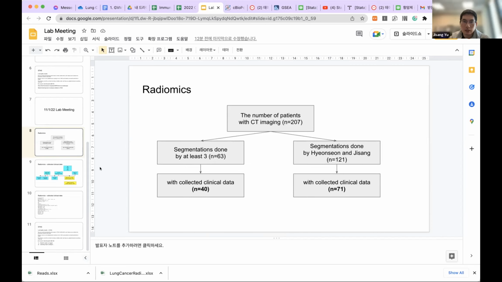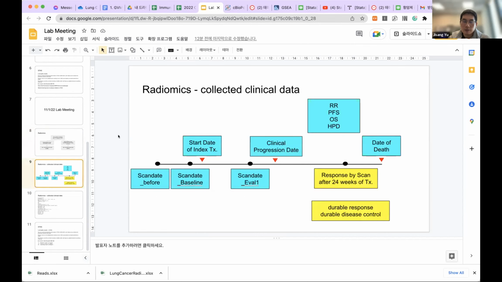All right. As we talked about yesterday, I think we all have this blue box information, so we can get our PFS, OS, HPD right away. And then I think we need the scan data after 24 weeks of treatment, as you mentioned, for durable response and disease control.